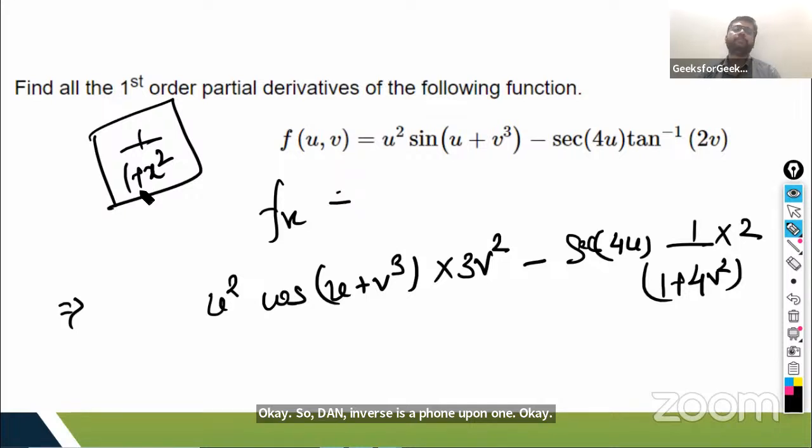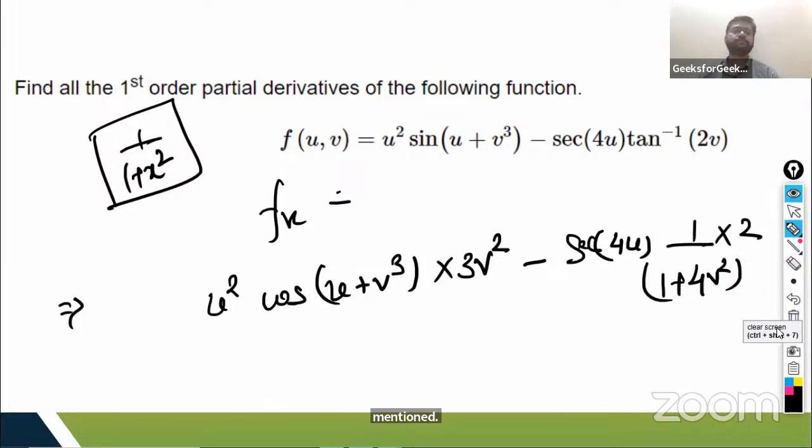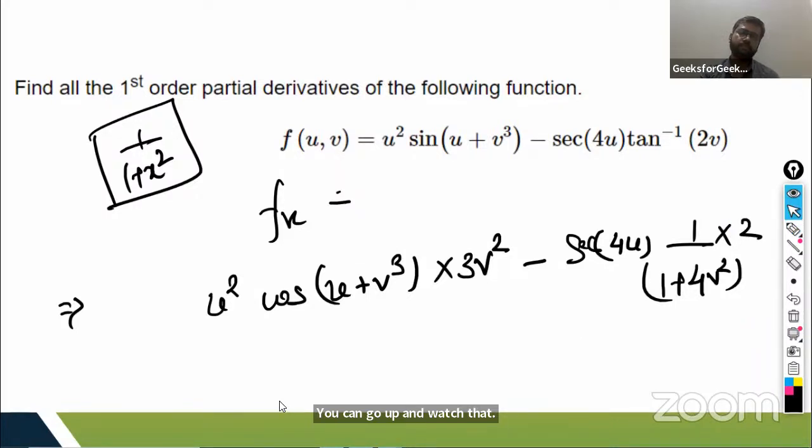The inverse formula I have already mentioned. If you remember that part, you can go and watch that. Same. Okay.